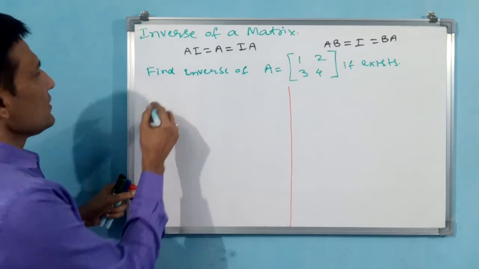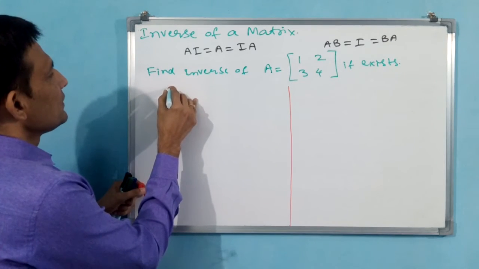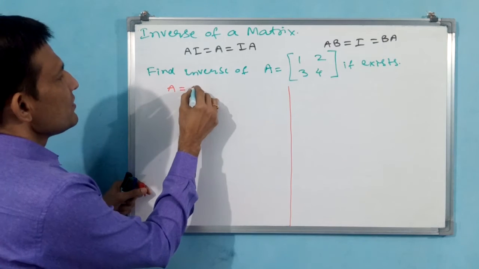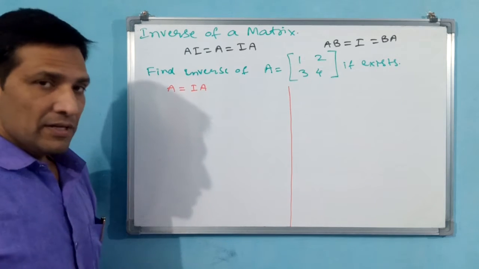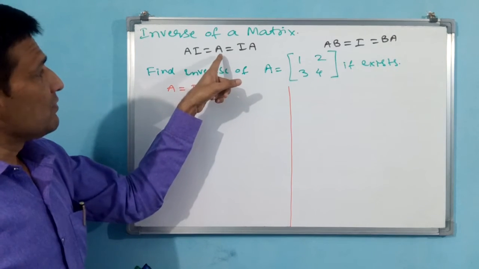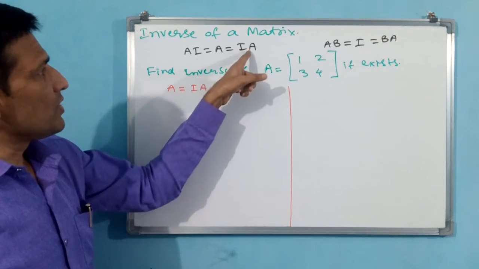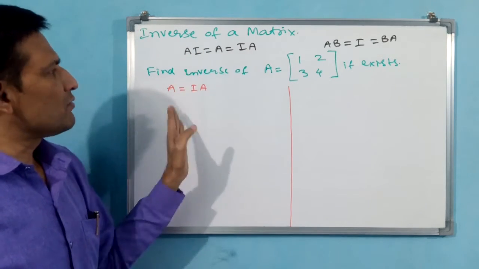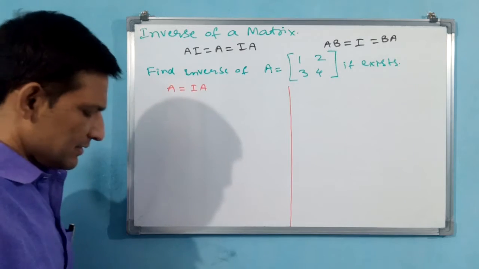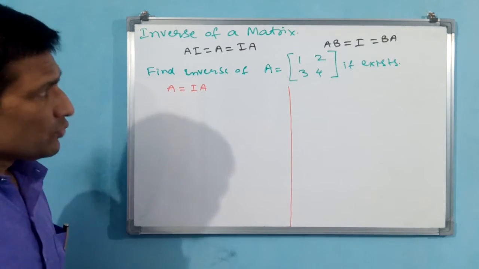How I am writing, you see: A is equal to IA. This one I have taken. Why did I take A is equal to IA? Only that, that's all.